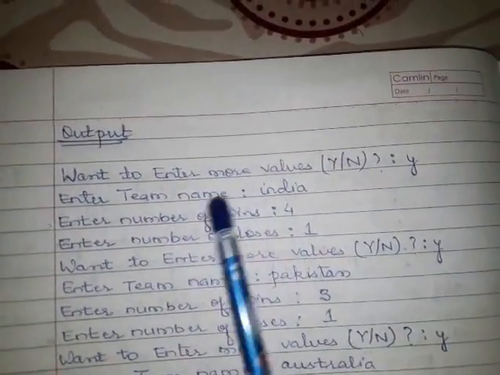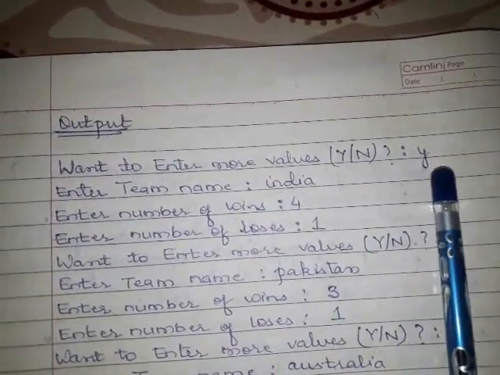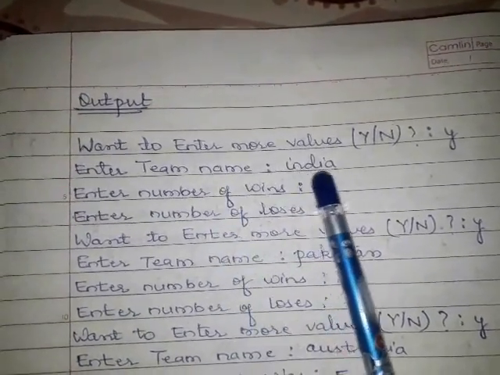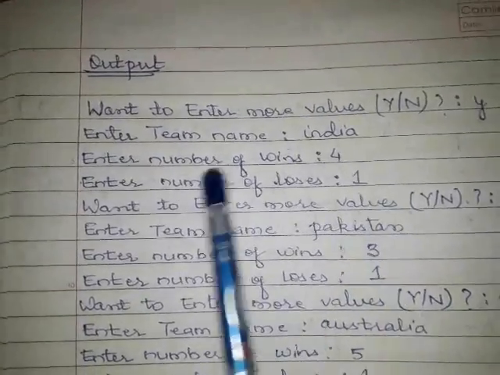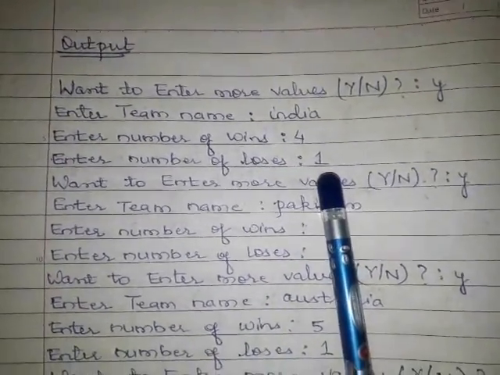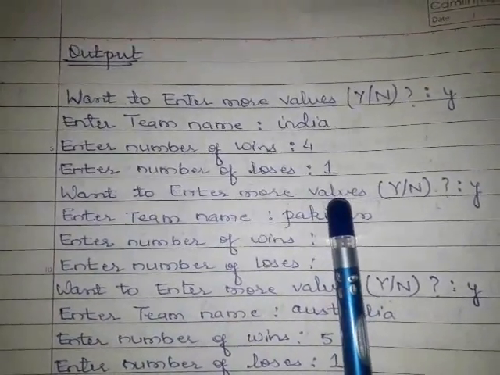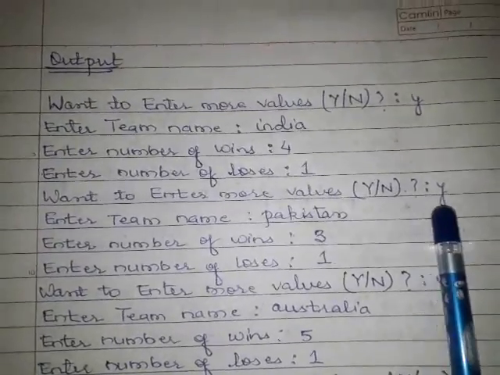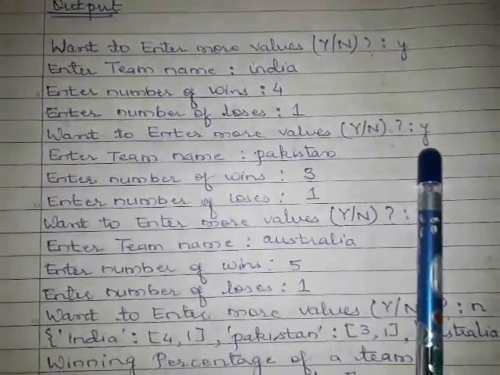Want to enter more values? I press Y. A prompt is given: enter the team name. I have given India. Now enter the number of wins, I have given 4, enter the number of losses, 1. Want to enter more values? Again the loop asks us, I have again given Y. Y means add some more.